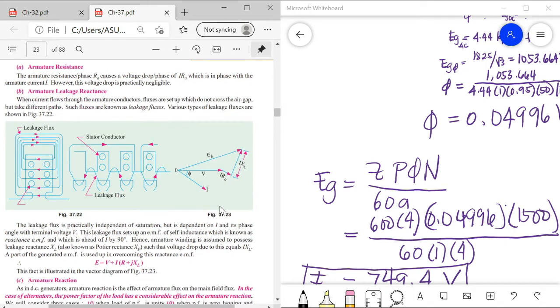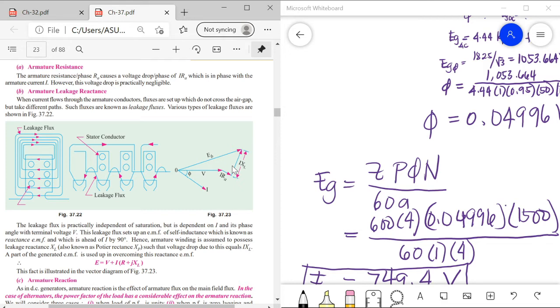The leakage flux is practically independent of saturation but is dependent on I and its phase angle with terminal voltage V. This leakage flux sets up an EMF of self-inductance, which is known as the reactance EMF, and which is ahead of I by 90 degrees.